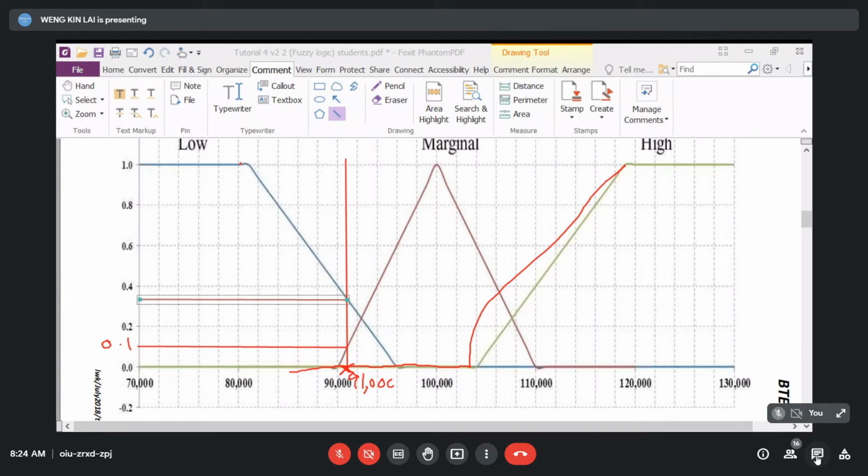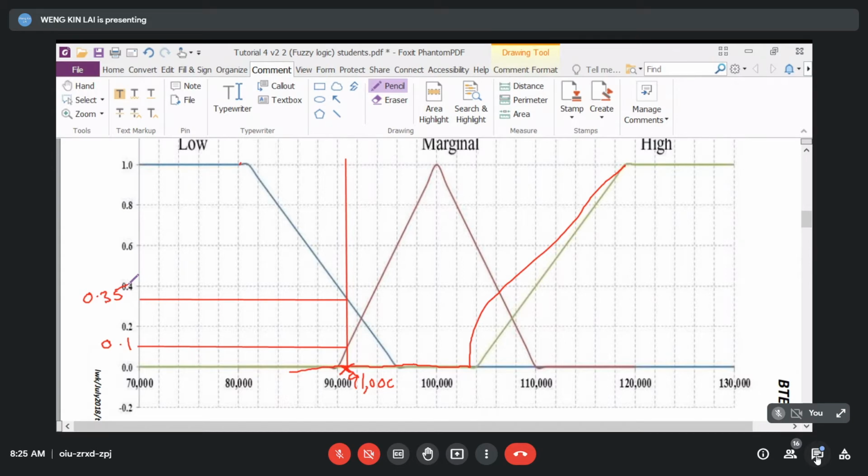Okay, what is the membership for X for low? Yeah, I think it's okay. But you can see the difficulty here, because this is based on our estimation, because we don't have a proper graph paper. So let's assume this is correct. So you can see the answer may not be very accurate. But for this tutorial, I think we make sure that the graphs are simple, so you can actually estimate.